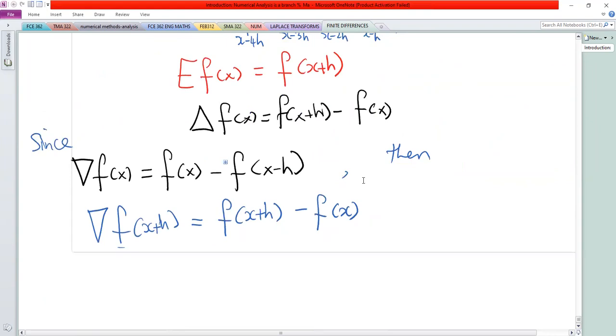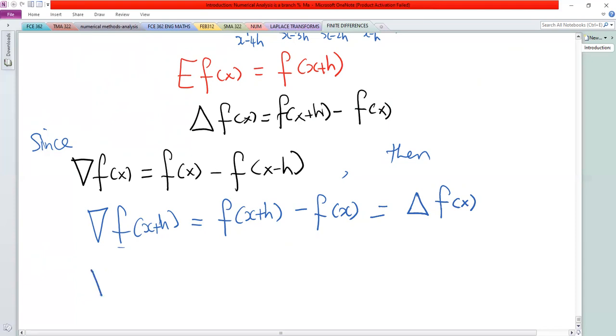And you see this on its own agrees with the definition of forward of f of x. So we can say this is the same as the forward of f of x.